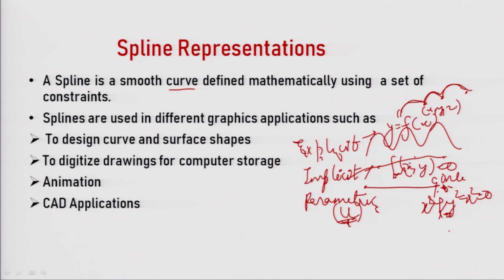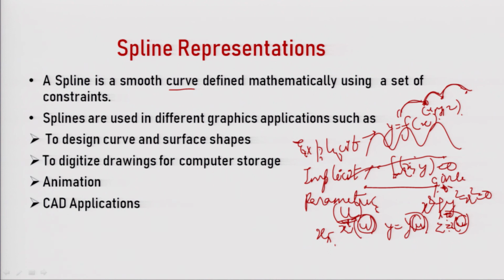So in the parametric form, x is defined by x of u, y is defined by y of u, and z is defined by z of u. This is the parametric form. In all three, x, y, z, there is a dependency on the u parameter.